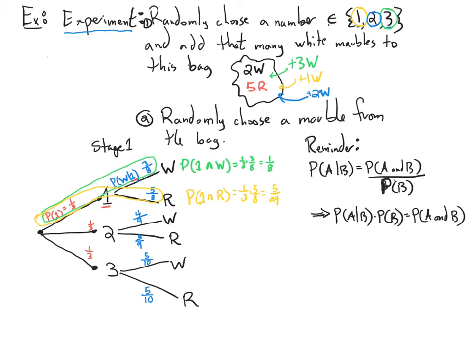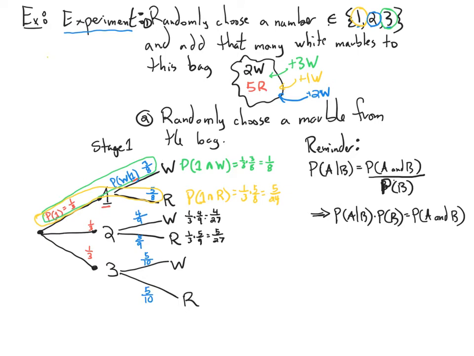And similarly for the others, I won't do them as explicitly, but the probability of picking a 2 and picking a white marble is 1/3 times 4/9, which is 4/27. Here we have 1/3 times 5/9, so the probability of picking a 2 and picking a red is 1/3 times 5/9, which is 5 over 27.